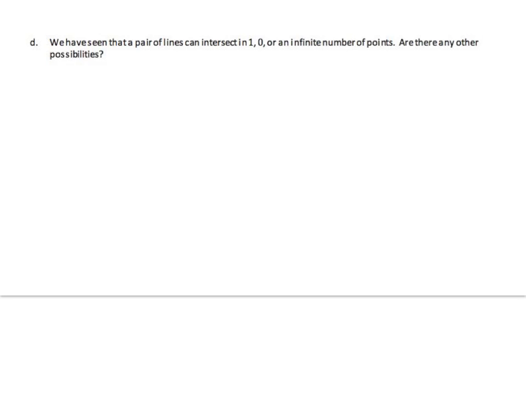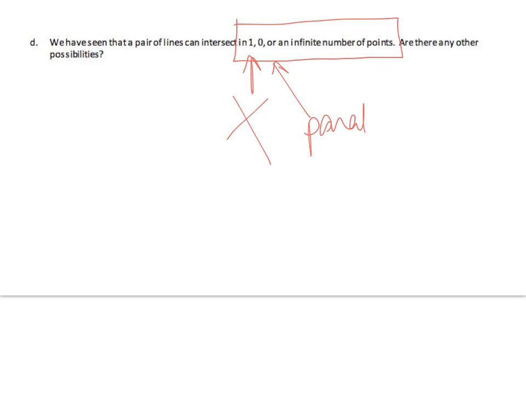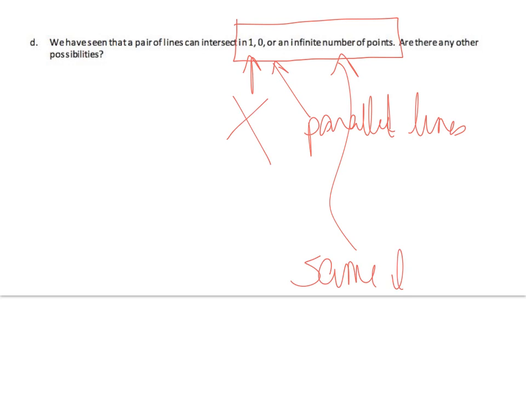We've seen that a pair of lines can intersect in 1, 0, or an infinite number of points. Are there any other possibilities? The 3 previous problems we saw: the first one we saw 1, where 2 lines just intersect. Then we saw 0, which is parallel lines. And then we saw an infinite number of points, which is the same line on top of each other.